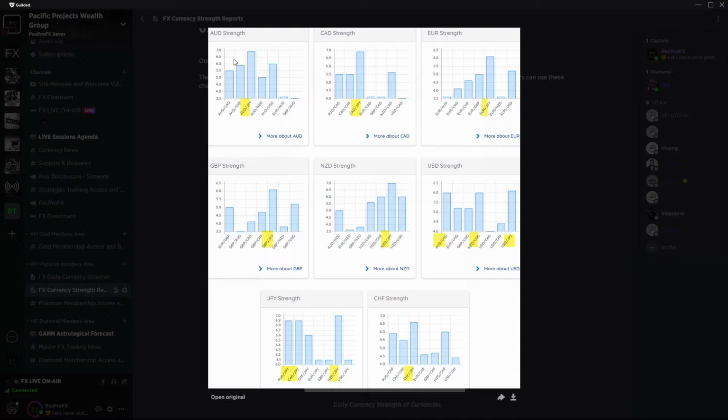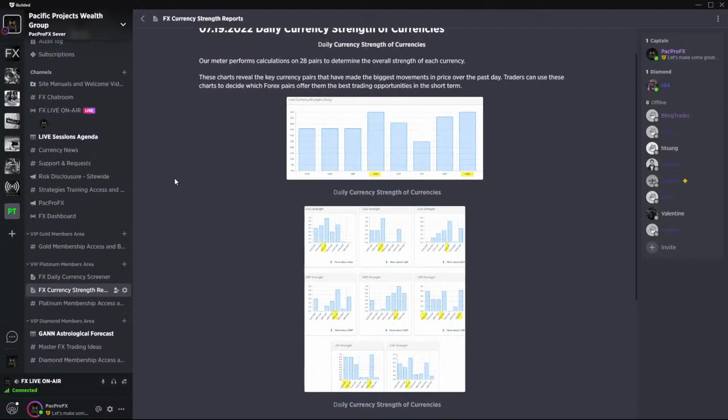That means more movement. Since the JPY has been very weak and the Australian dollar is strong, the movement will be higher, probably going up, as the Australian dollar is stronger to make that move happen. So that's what this means, and that's how you use it.